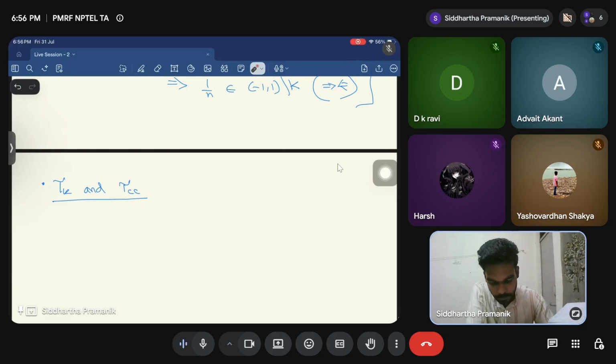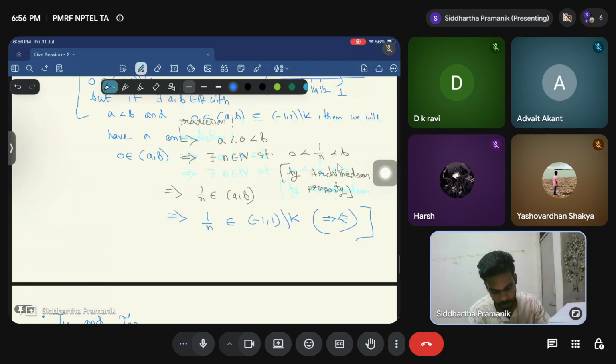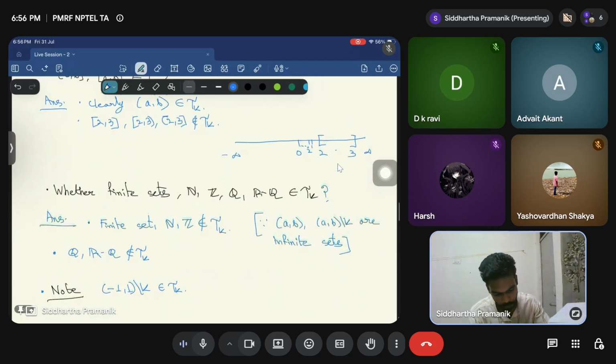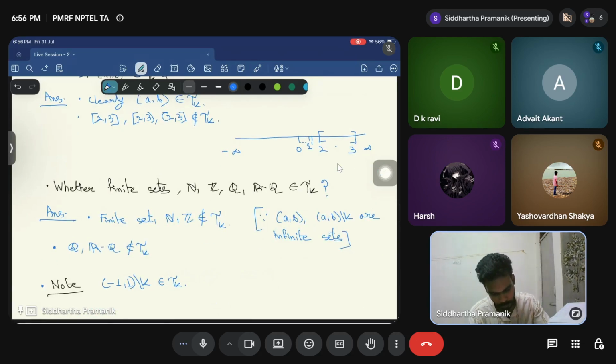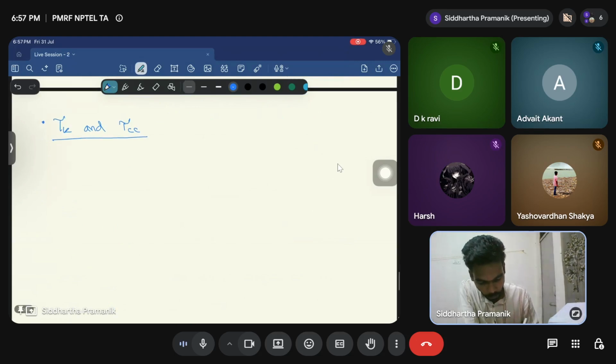So can we say something in this case? Recall what we have proved. From there it will follow. What kind of sets are in the K topology and what kind of sets are not in the K topology? So these two topologies are not comparable.